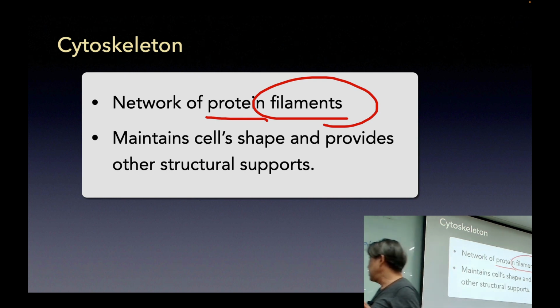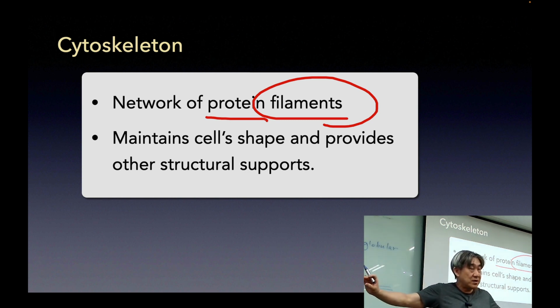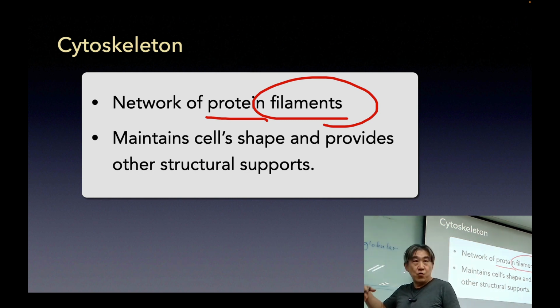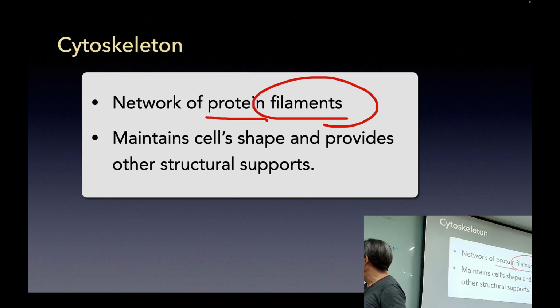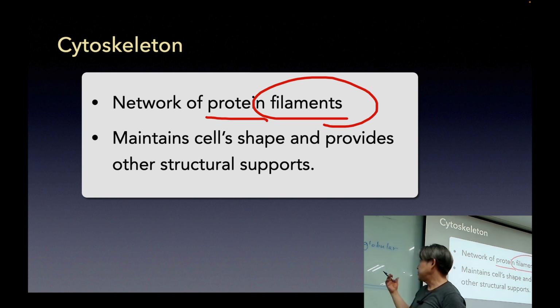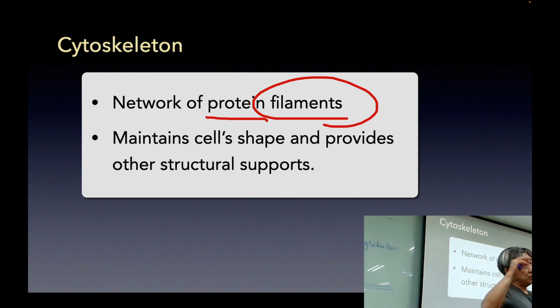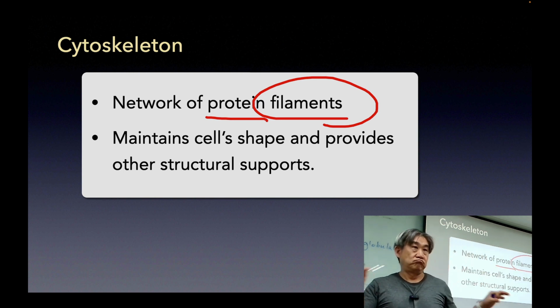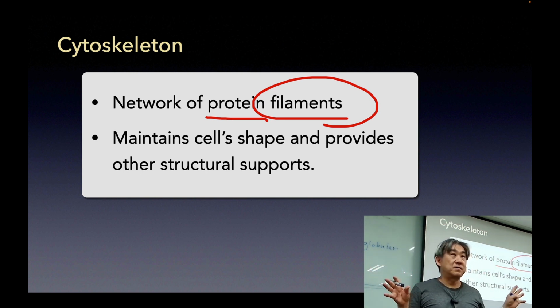On the other hand, long, filament-like, thread-like proteins we would call fibrous, fibrillar. These are two opposite generic terms describing two alternative shapes of proteins.